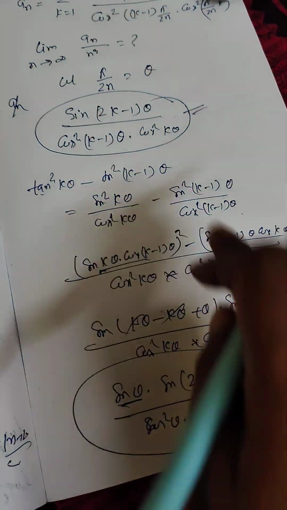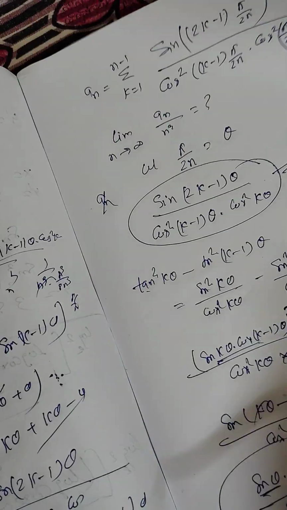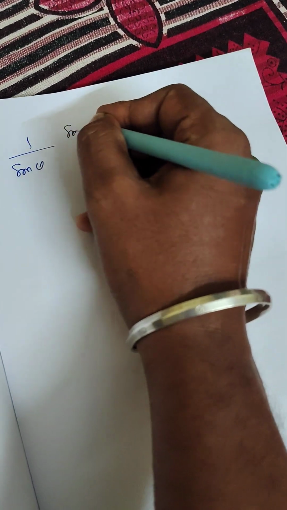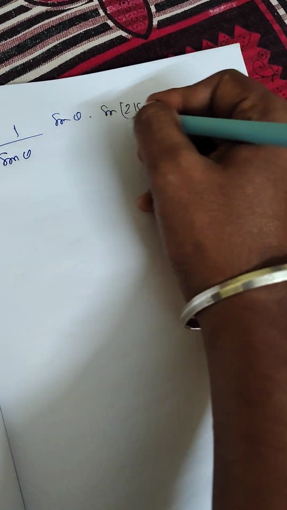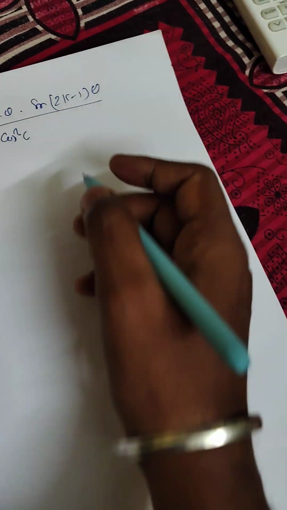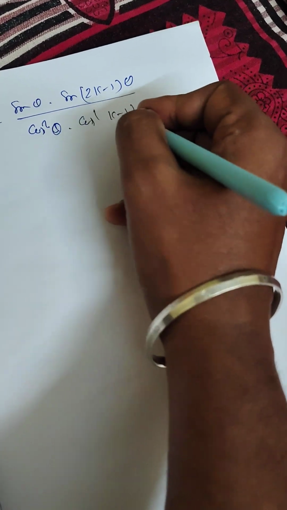So now I explain this question. Again you write down. Understand? The expression is 1 by sin theta into sin((2k minus 1) theta) by cos square k theta into cos square (k minus 1) theta.